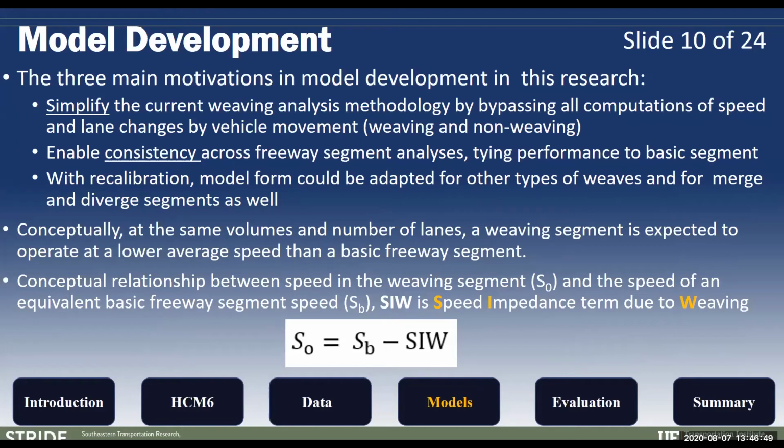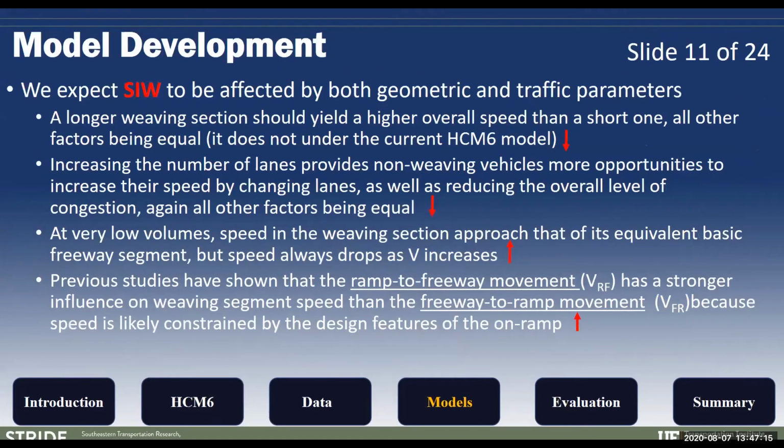So the interesting thing here is now we're beginning to predict speed on one type of facility as it relates to a basic segment. And you can begin to see that this could be done not just for weaves, but also could be done for on-ramps or any type of freeway segment. So let's talk a little bit about SIW. What do we expect? We expect that the longer the weaving segment will be, we would expect the speed to go up.